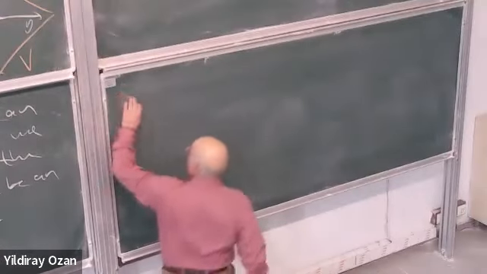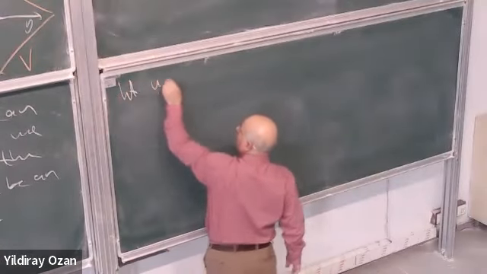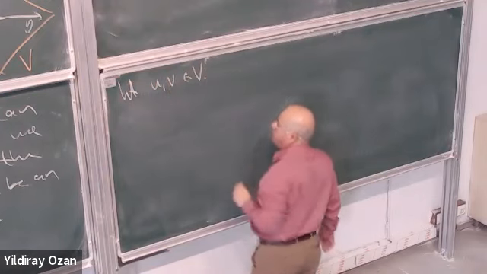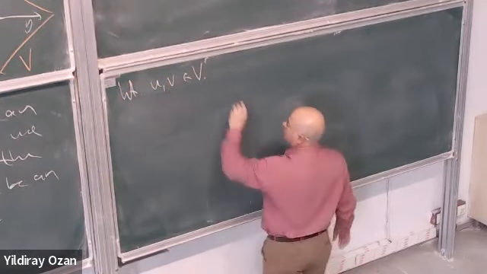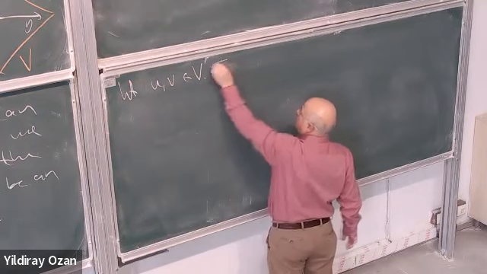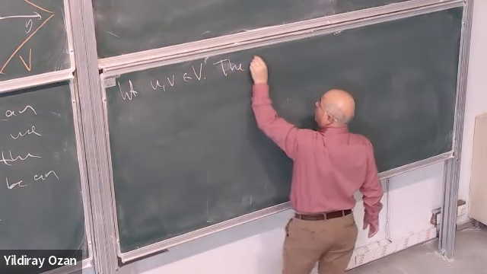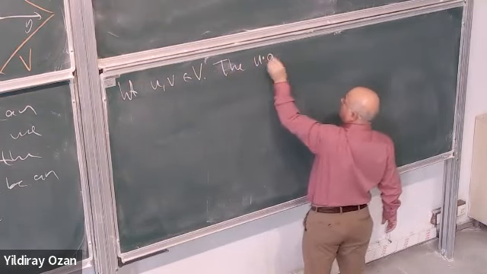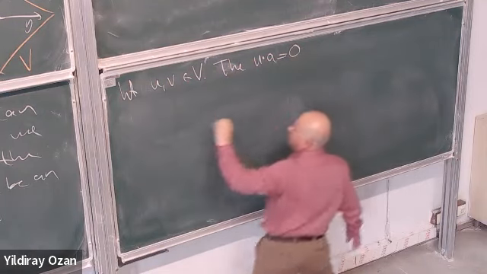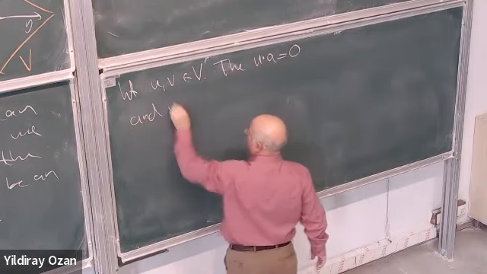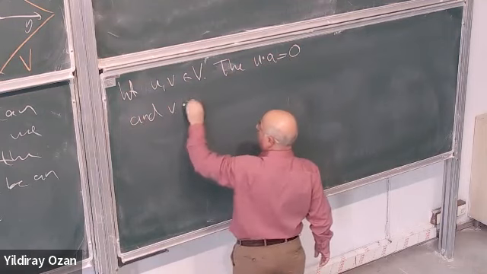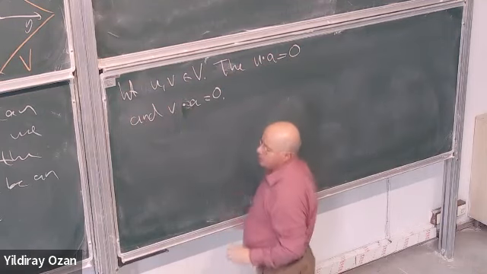All right, so let U and V be in V. This means what? That U dot product with A is 0, and V dot product with A is 0, right?